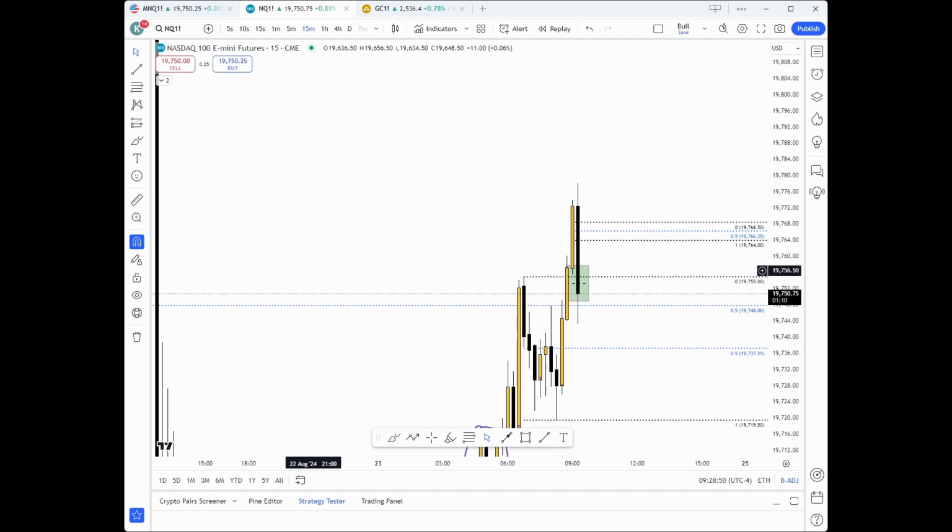Hasn't quite hit the midpoint, but that was a strong reaction for sure. This is a valid top, I suppose, but not quite as high as I think it's going to go yet.